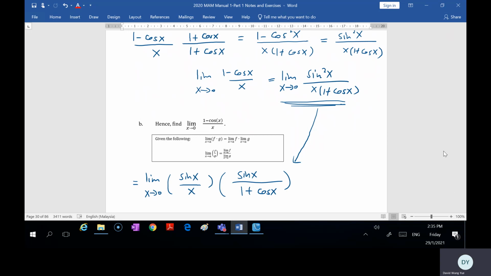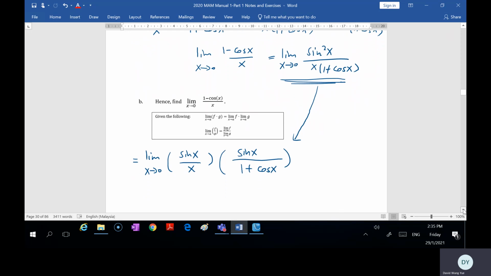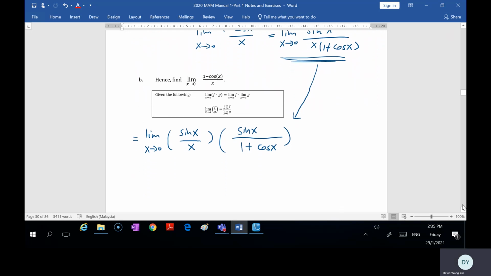Now, the limit of a product, unlike differentiation, is simply the product of the two limits. We learned that in differentiation, you cannot do it like this. In differentiation, we have a product rule to follow. The good thing about limits is you just bring in the limit sign.